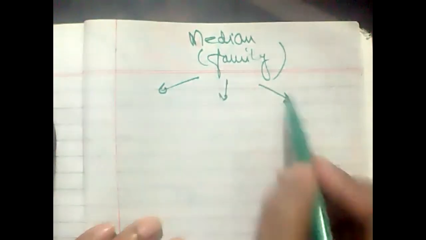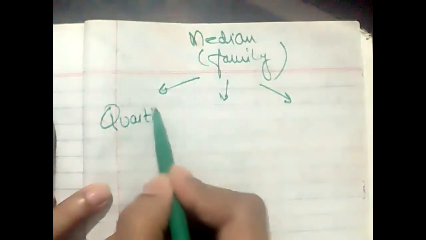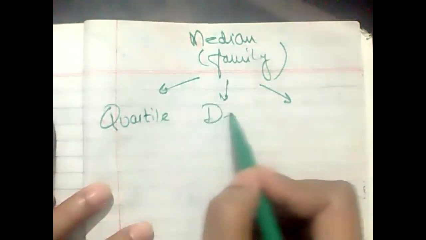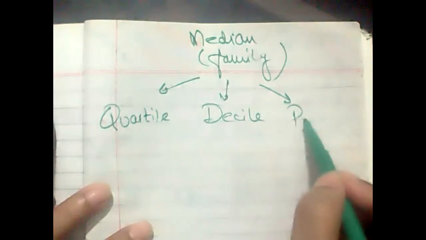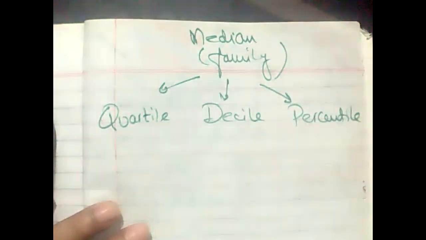So we are doing further about the median family, which includes quartile and decile. I hope you have heard these names.